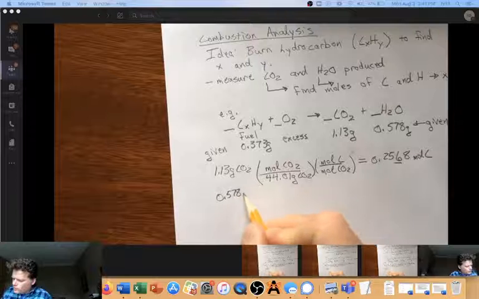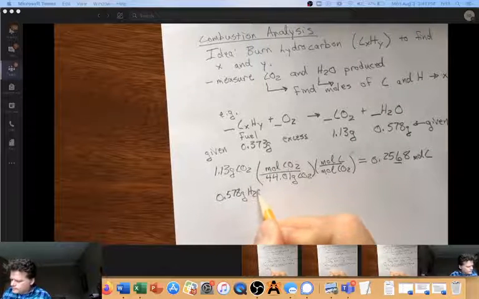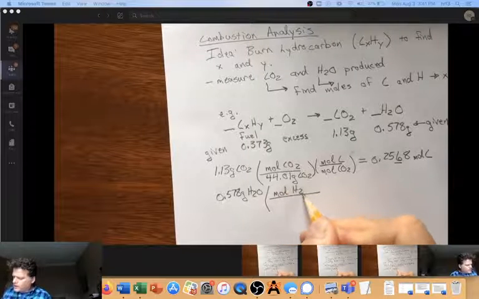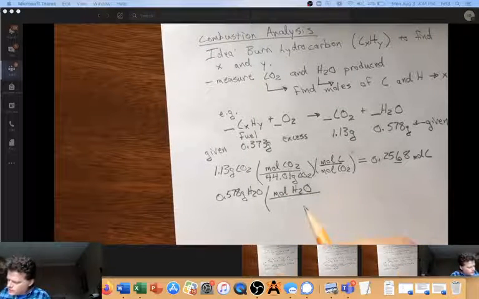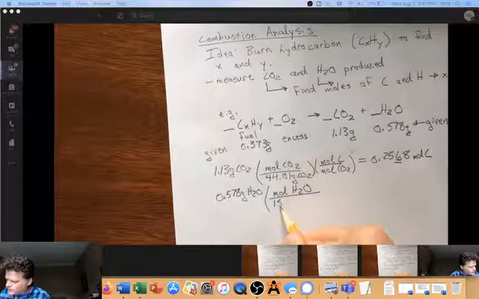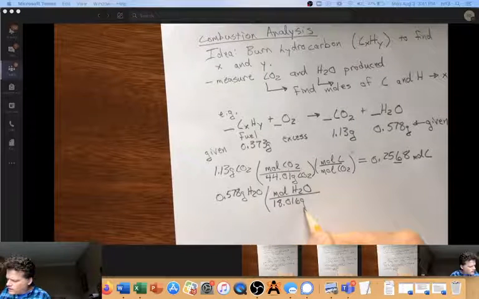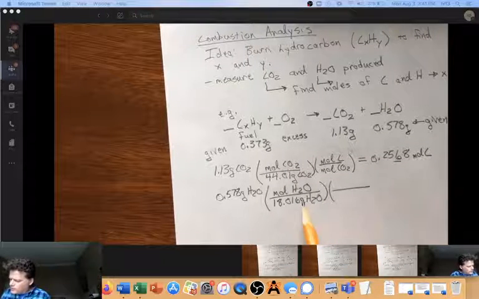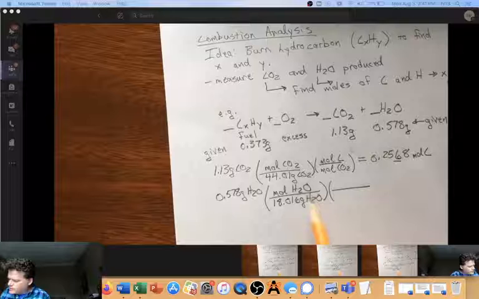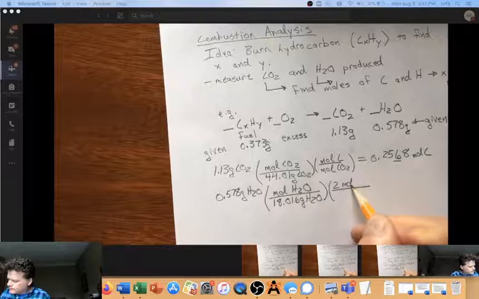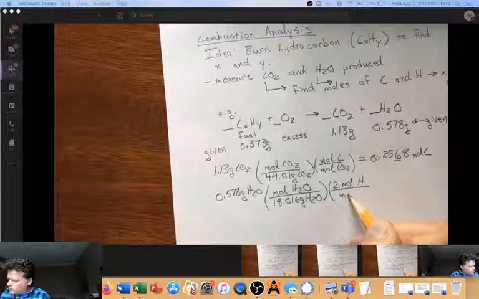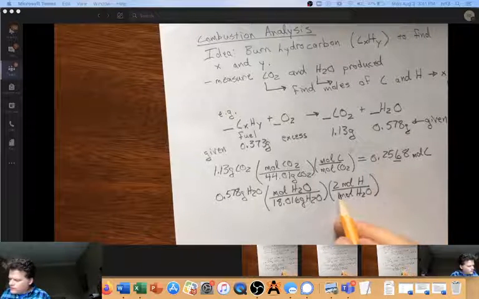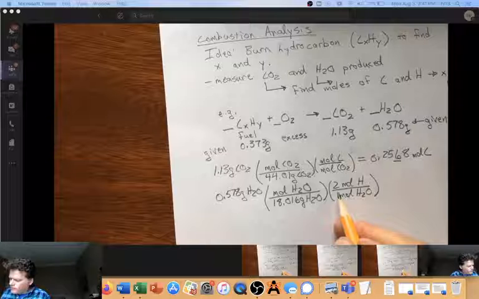I can do a similar thing for water. A mole of water, again, I get out my periodic table, 2 times hydrogen, 1 times oxygen, I get 18.016 grams of water. But now it's 2 moles of hydrogen for each mole of water. This step is important because if you didn't do it, you'd be off by a factor of 2 here.